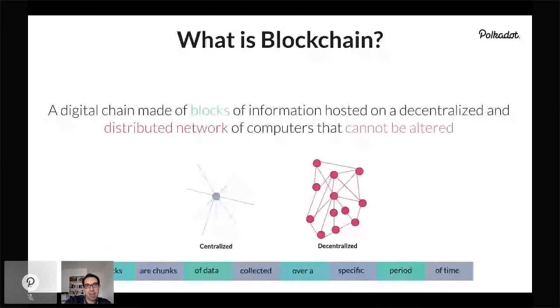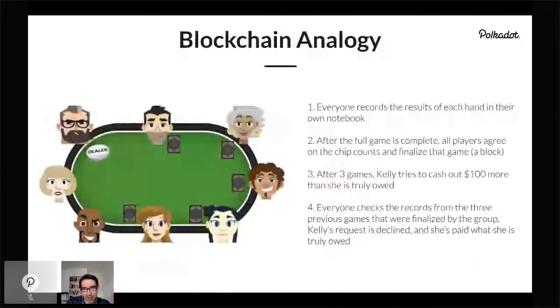I think a good example, and I'm not going to take credit for this, is a poker game. If at the end of every hand, everyone records who won, what the hands all were, and how much money was put in the pot, think of each one of these as a block.